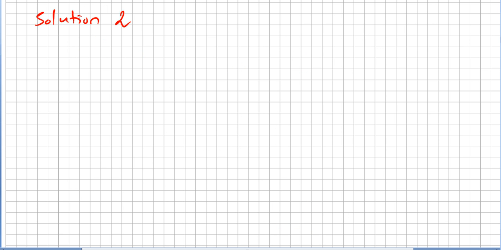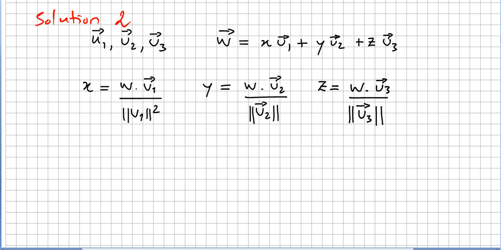I'm showing here a second solution. In this second solution, I'm going to use a very important regularity. If u1, u2, and u3 are three orthogonal vectors, and a vector w can be written as a linear combination of u1, u2, and u3, for that you have to find scalars x, y, and z.